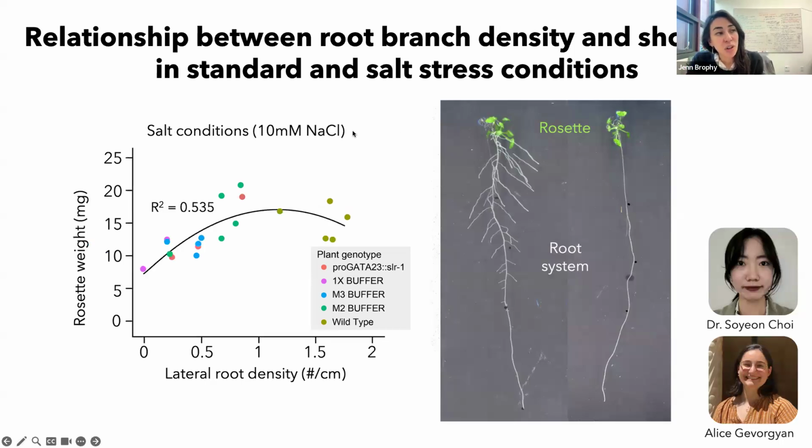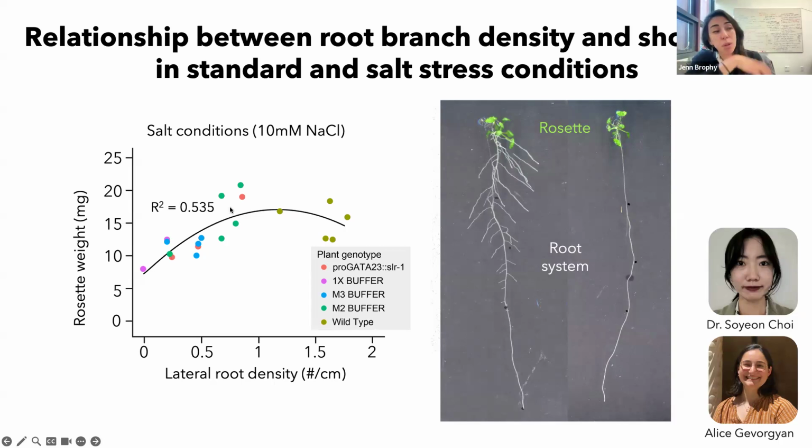But in salt conditions, which we tested because as lands start to dry out, the solute concentration goes up and they become saltier, we find that plants with intermediate levels of root branching tend to have the largest shoot biomass.